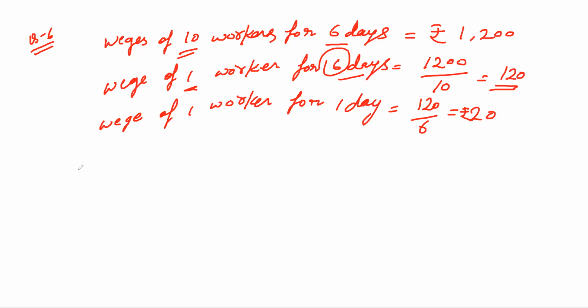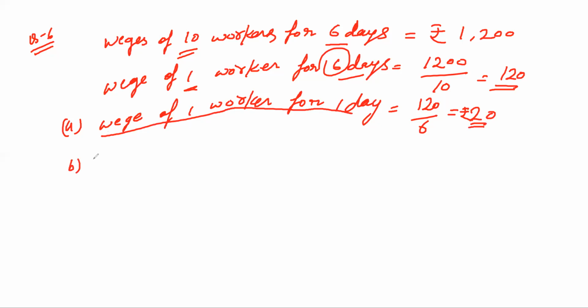Now the question is asking in part A, 1 day wage of one worker. So this is the answer of part A. Wage of one worker for 1 day is rupees 20.